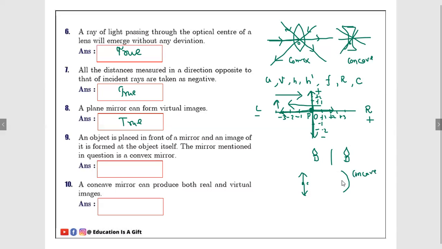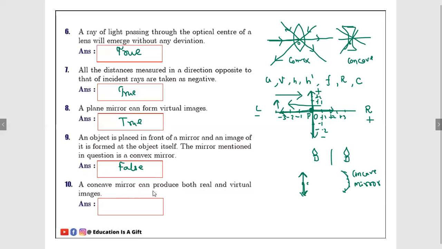We don't have any other option, right? Between concave and convex, this is the only option we are left with. The mirror mentioned in the question is convex, but it is a concave mirror. For a concave mirror only, this thing will be satisfied. The object is placed here, the image will be formed at the same place. So this is not convex, it is concave. Answer is false.